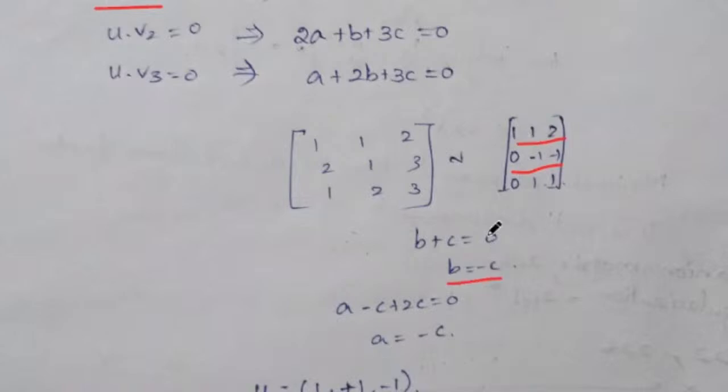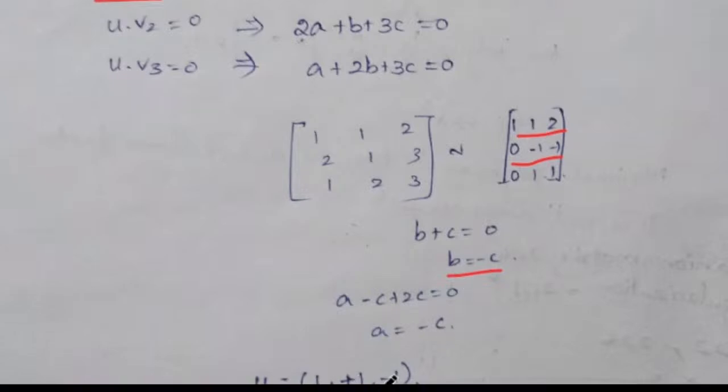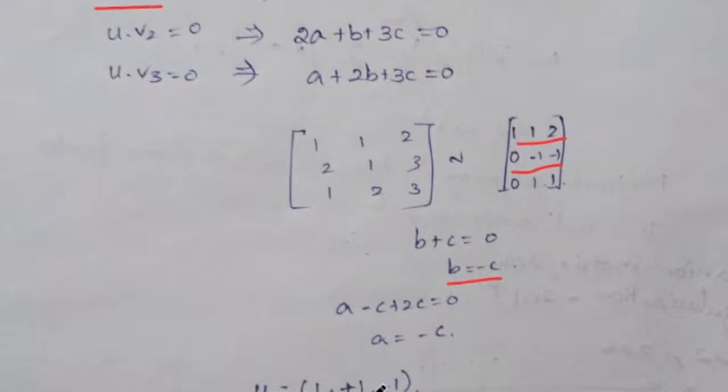And from the first equation, I can say a plus b plus 2c equal to 0; substituting b as minus c, we get a plus c equal to 0. Hence, a is equal to minus c. So if we take c equal to minus 1, then a is 1, and b will be minus of minus 1, which is plus 1. So here the vector u is orthogonal to all these three vectors.